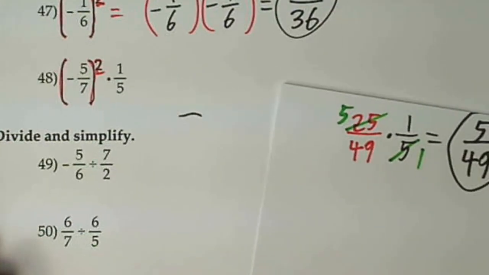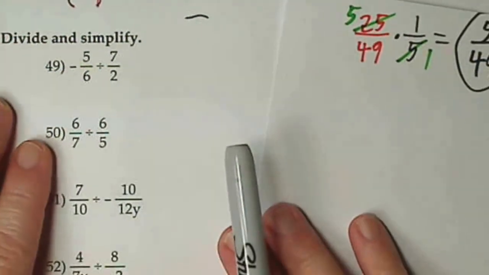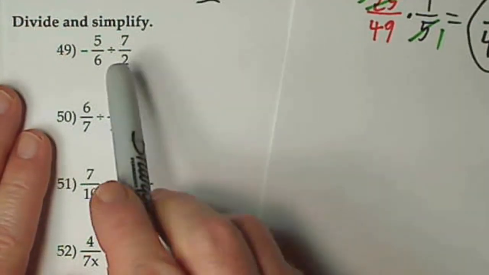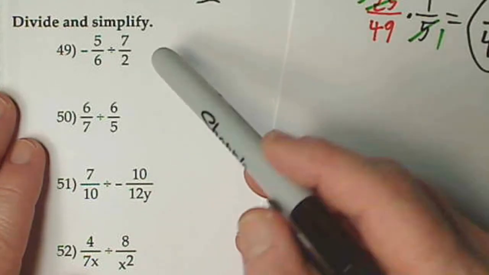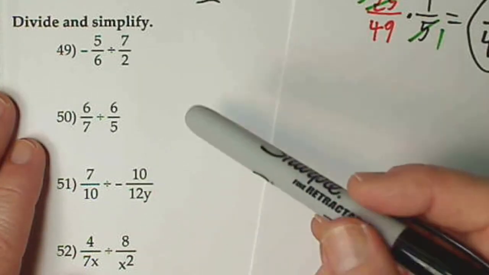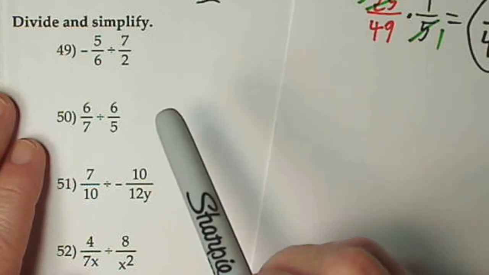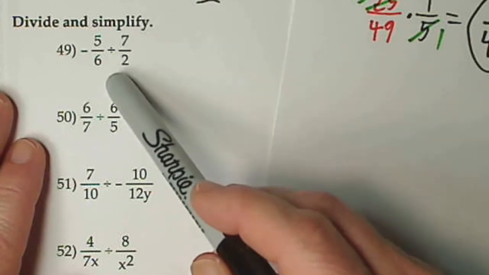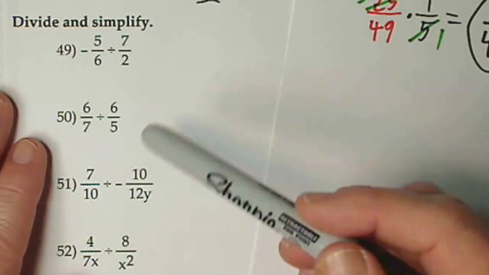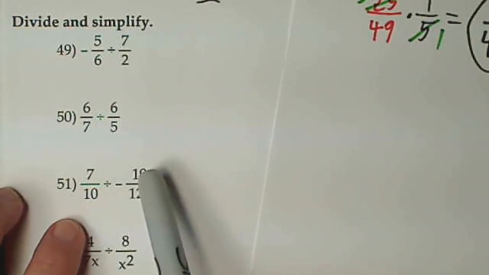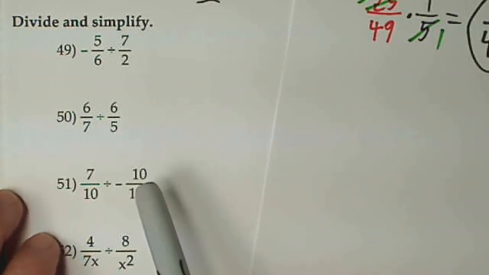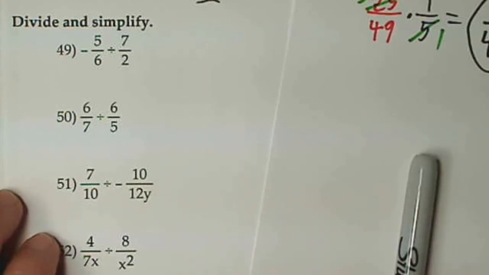Let's see. When you divide by a fraction, you take the reciprocal and multiply. Another way of saying you flip it and multiply. You cannot reduce until you're ready to multiply. So like down here on number 51, you cannot say 10 goes into 10 once and 10 goes into 10 once, because this is still in division.